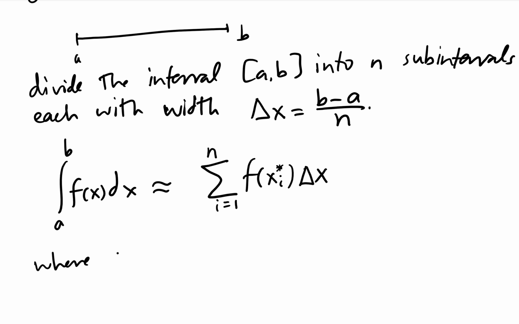So what is xi star? This xi star belongs to, or falls in, the interval x sub i minus 1 comma x sub i.